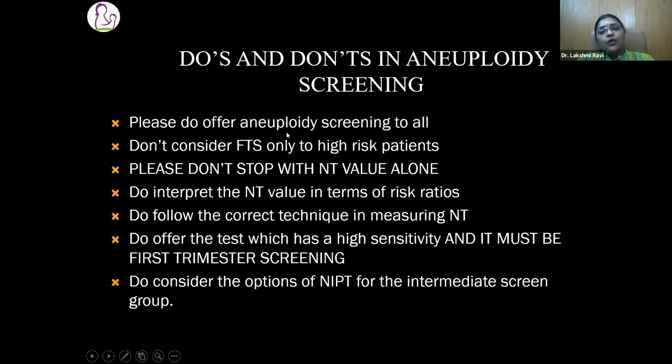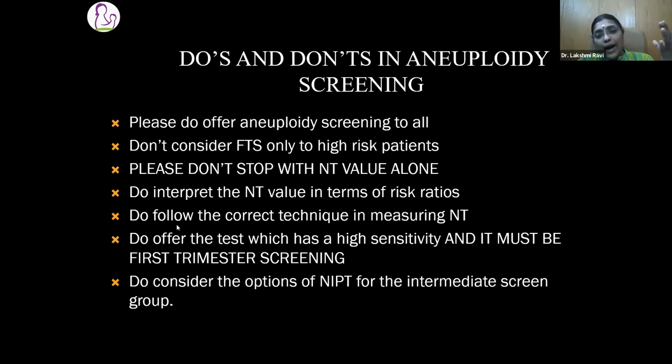So ideally, when you come to aneuploidy screening, you need to offer aneuploidy screening to all, because it should be a universal test. You should not consider first trimester screening only for high risk patients. That means you should not do first trimester screening only, for example, for advanced maternal age. If you do it like that, then your detection rates will not be high. And ideally you cannot interpret with a single NT value.